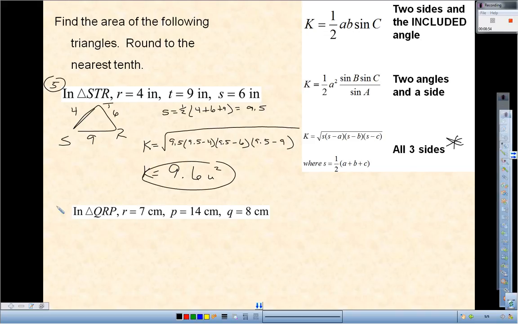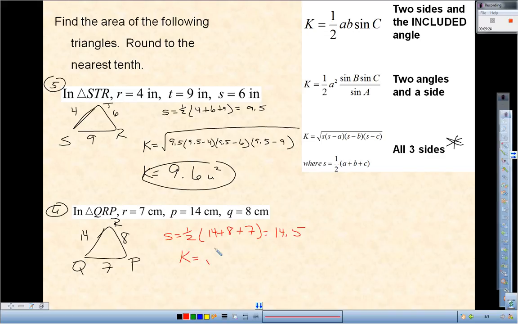For the last one, number 6, it's triangle QRP. Side R is 7, side P is 14, and side Q is 8. Again, I'm given three sides, so I find my semi-perimeter by adding up all three sides: 14 plus 8 plus 7, divided by 2, gives me 14.5.